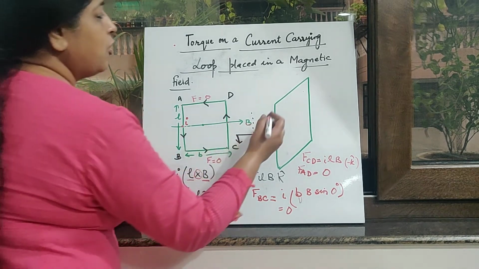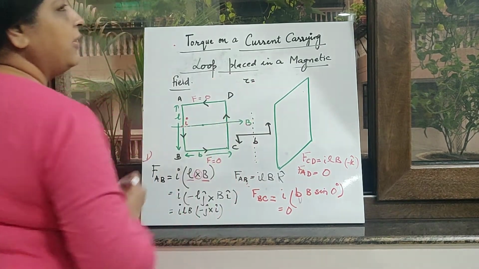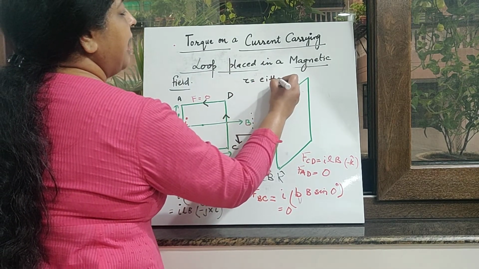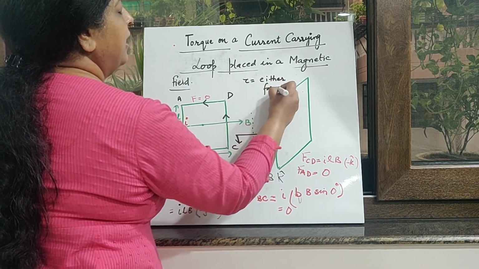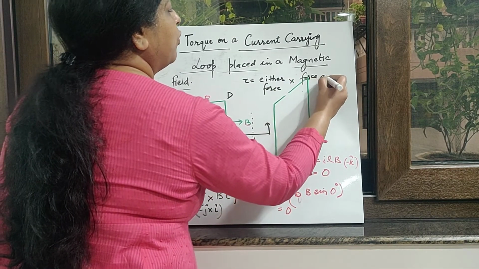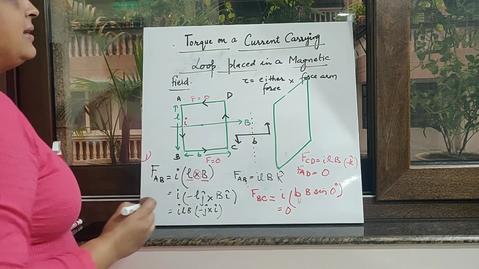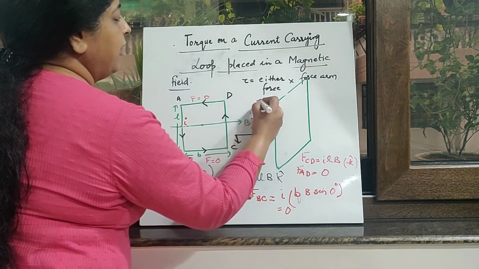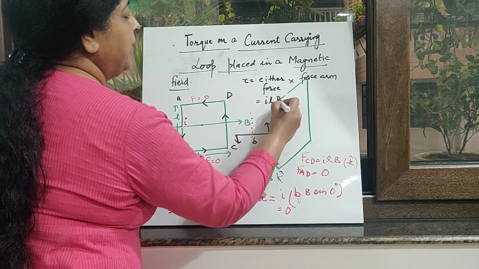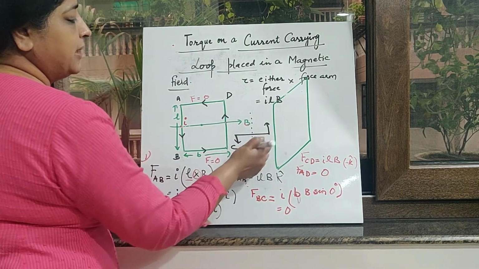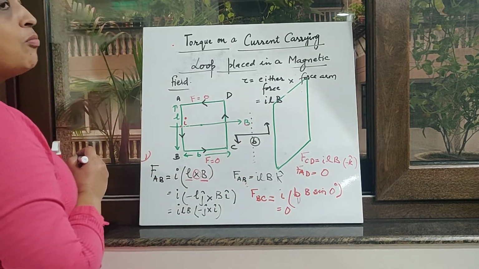And how much is the torque? We have already done this in our 11th standard. Torque is always measured as either of the force into the force arm. And what is the force arm? It is either of the force. Force is ILB. So I will write down ILB. And force arm is the perpendicular distance between the two forces. The perpendicular distance is small b.